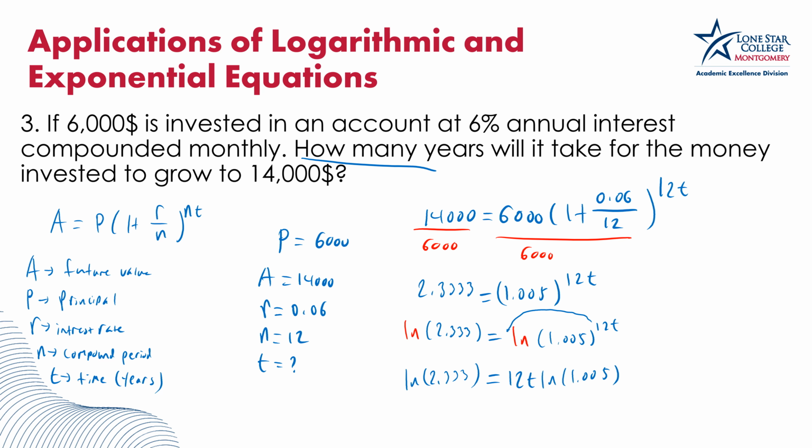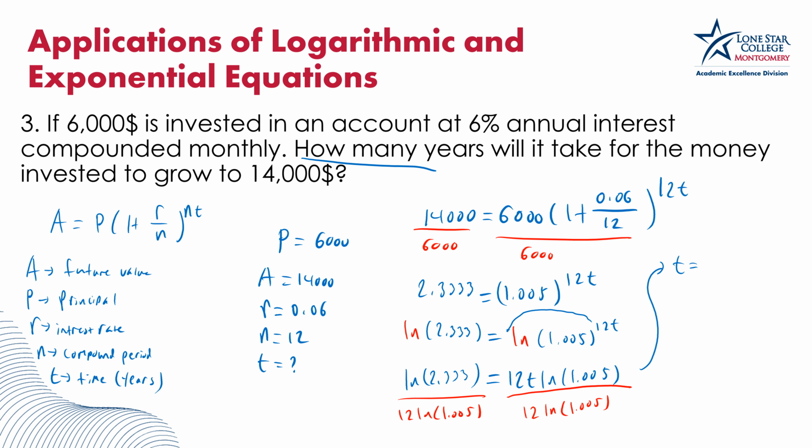We're trying to solve for t, so we need to get that t on the right side by itself. We can do that by dividing to get rid of the 12 and the ln of 1.005. So divide by 12 ln of 1.005 on both sides. So let's say t equals, now we use our calculator.